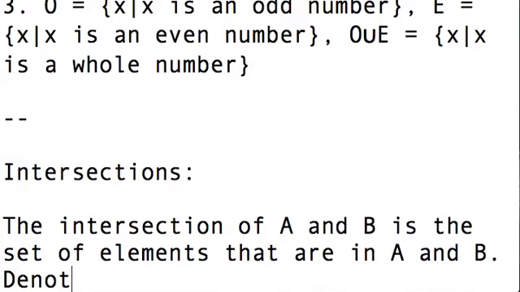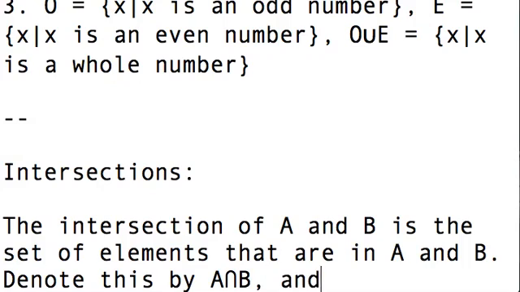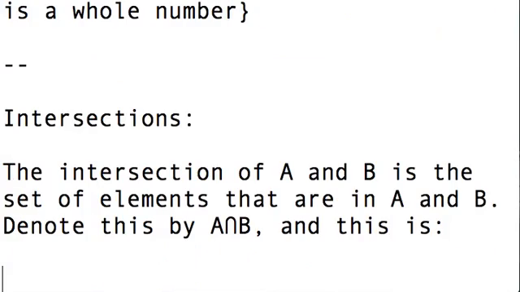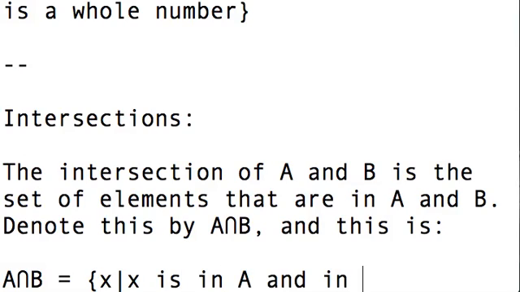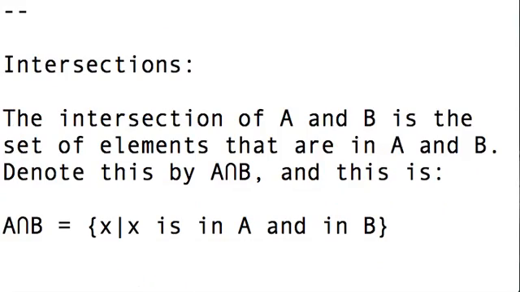We write it with this upside down U symbol, which I like to call a cap. In set builder notation, A cap B is equal to all elements X such that X is in A and in B. So it's what they share.